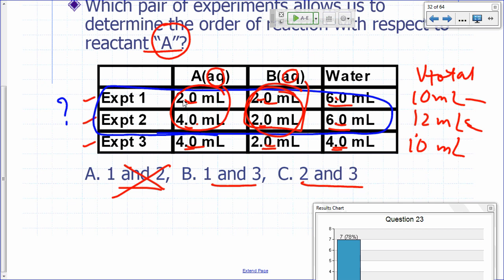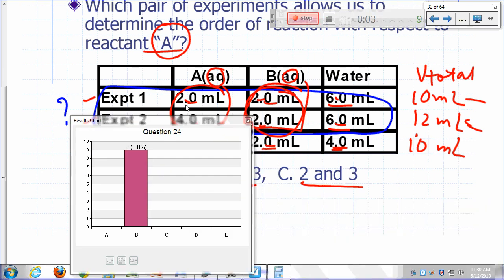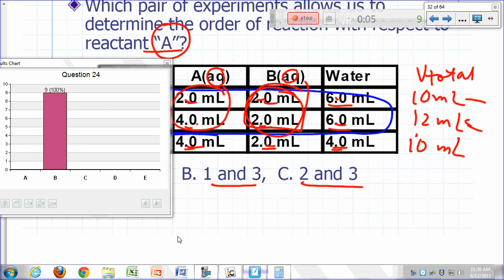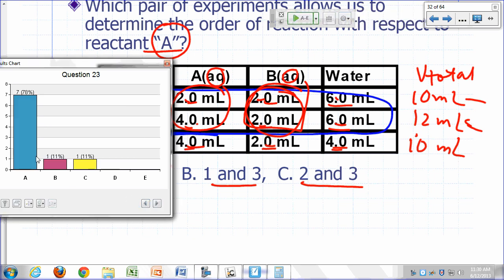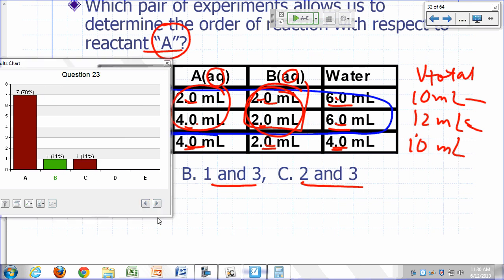Okay? Now, ready? Let's see how we're doing here. Very good. Correct answer is C. I mean B. All right.